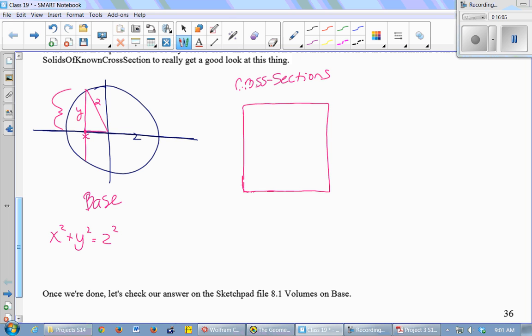Just solve this equation for y. So y would be the square root of 4 minus x squared. So my square is going to have a base or a side length that's 2y, one up and one down. So this would be 2 times the square root of 4 minus x squared. And it's a square, so all 4 sides are the same. And this square has some little thickness.